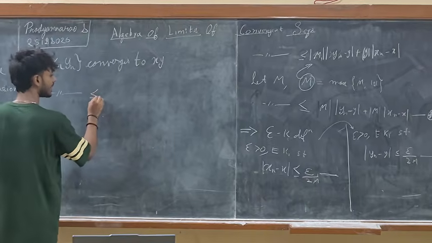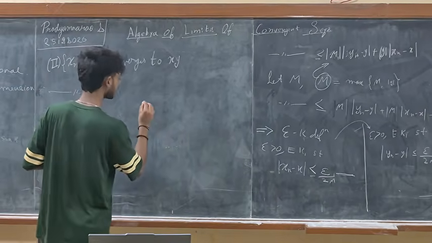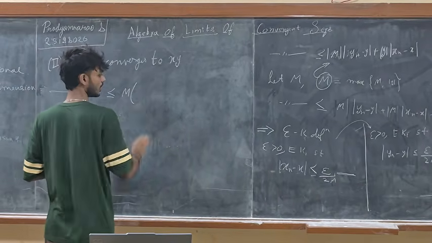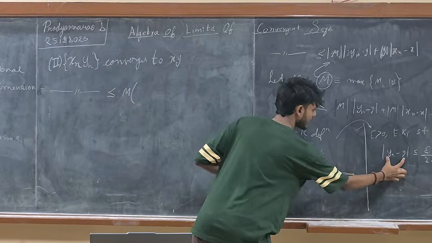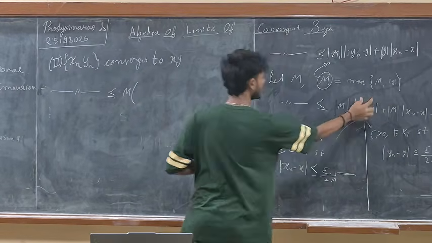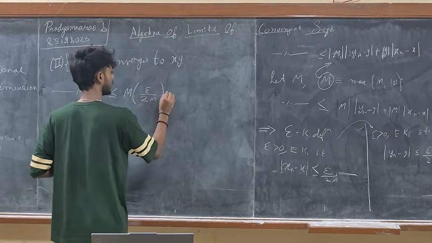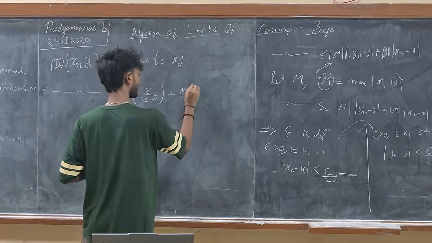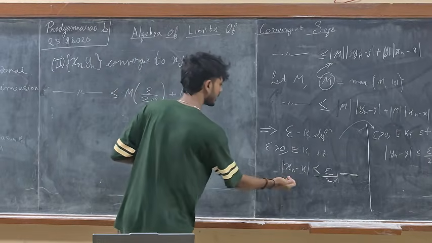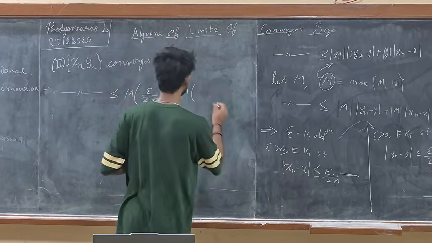Again, less than or equal to m into, by substituting y minus y by epsilon by 2 over here, epsilon by 2, plus m again, and this time xn minus x is again less than epsilon by 2.